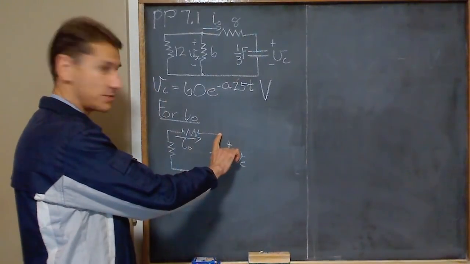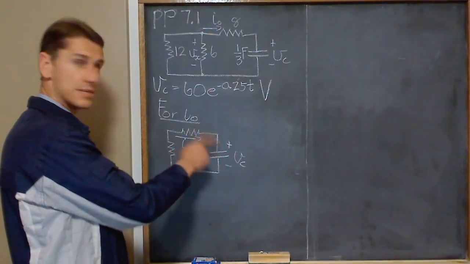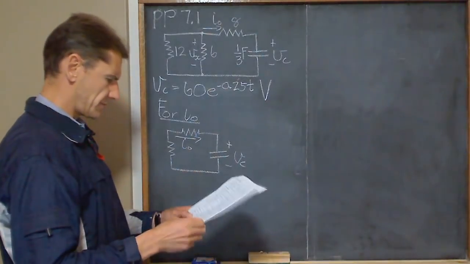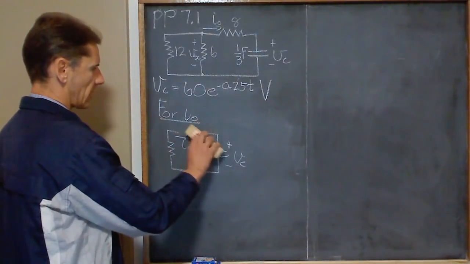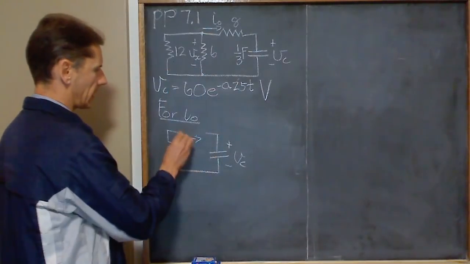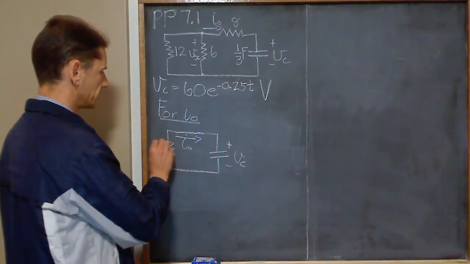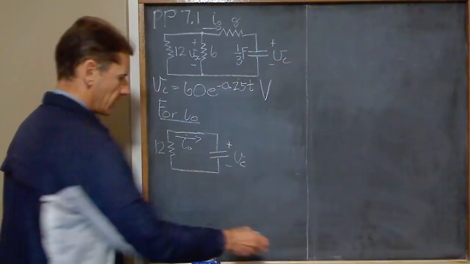Now with that voltage Vc is then sitting how across these resistors? Sitting across both of them. So we can even simplify this further, which I think I did, and we take that 8 ohms and we combine that with a parallel, and this becomes our R equivalent, which was just 12 ohms.